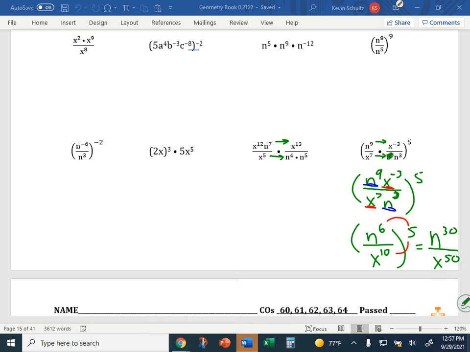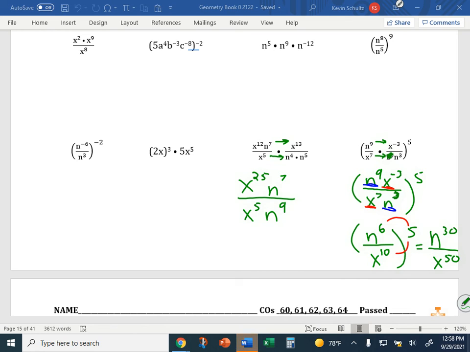X to the 12th times x to the 13th. Total of 25. Right. So x to the 25th, n to the 7th. In my denominator, I only have one base of x, so that's x to the 5th. And how many total n's do I have there? N to the what? 9th. Okay.